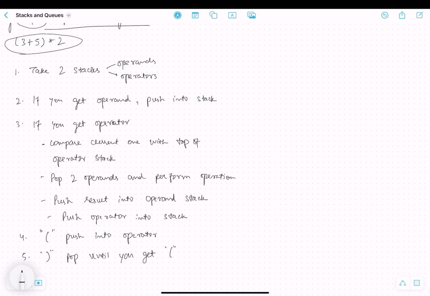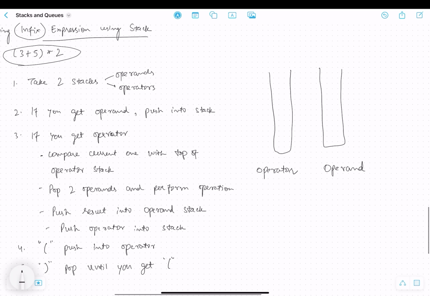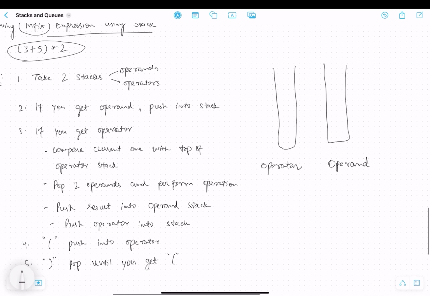As mentioned, we will be having two stacks. This is our operator stack and this is our operand stack. Our expression is, I will write it here so that we can see easily, 3 plus 5 into 2.